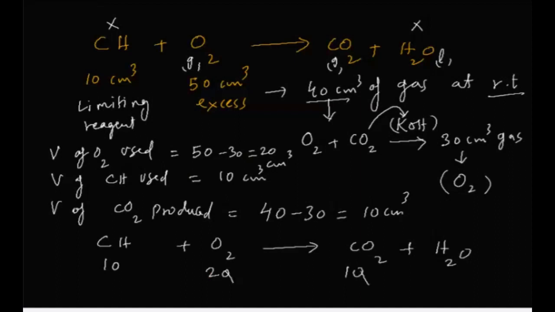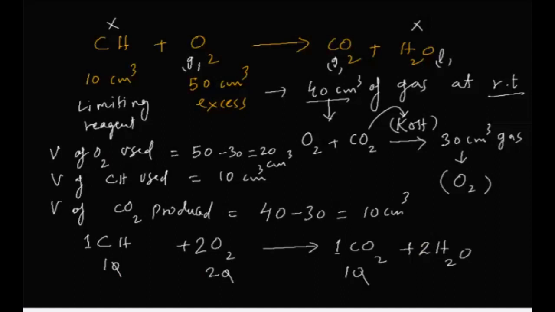Simplify, and you will get 2 here, 1 here, and 1 here. If you want to get the formula of the hydrocarbon, just balance the oxygen. There are 4 oxygen atoms. So 1 is there, it means you can't put any number here. So 2 oxygens are there. To balance the oxygen, definitely you will have to put 2 here.